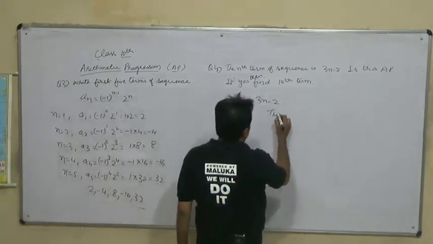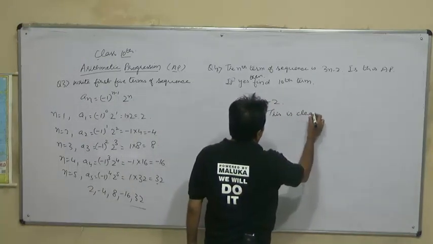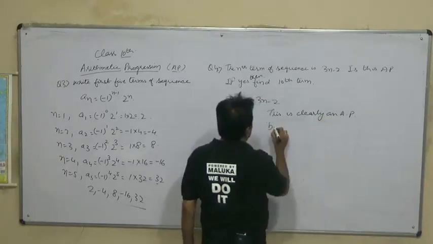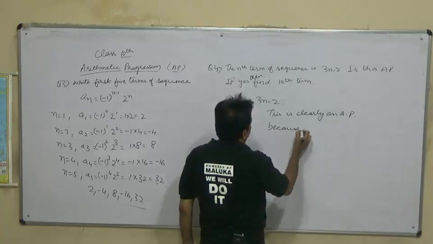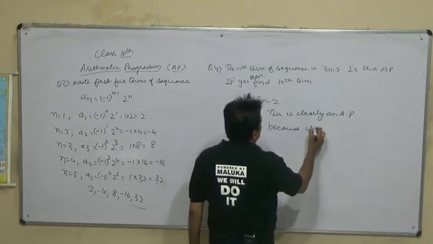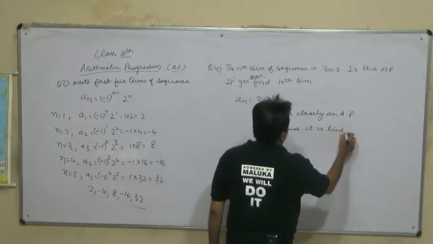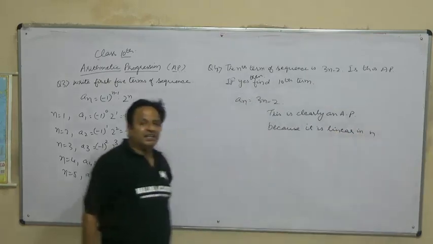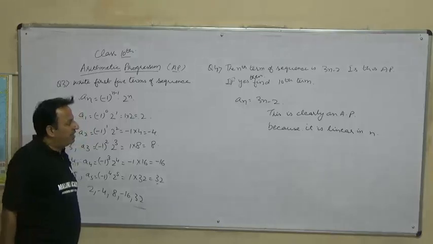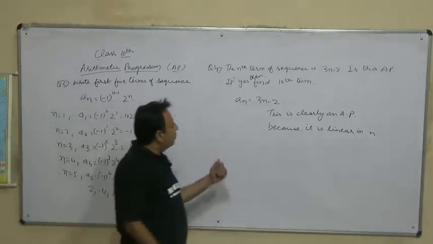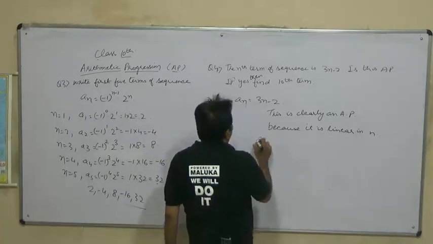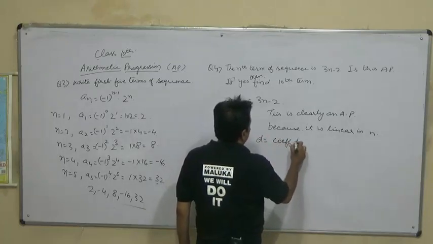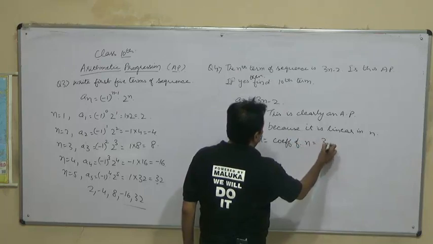This is clearly an AP because it is linear in n. The power of n is 1. And from here we can also check that d is equal to the coefficient of n, which is 3.